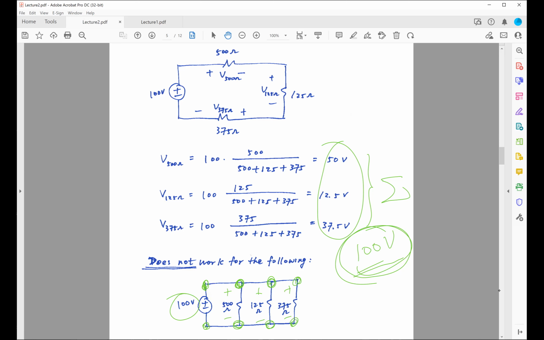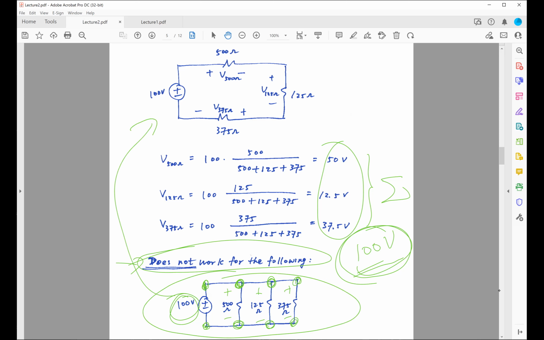The voltage drop across this and this is already given to you, which is 100 volts. So therefore, the voltage division technique does not work for circuits that are in parallel. It only works with series circuits.